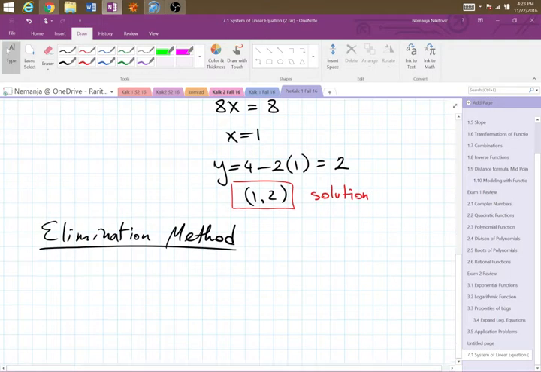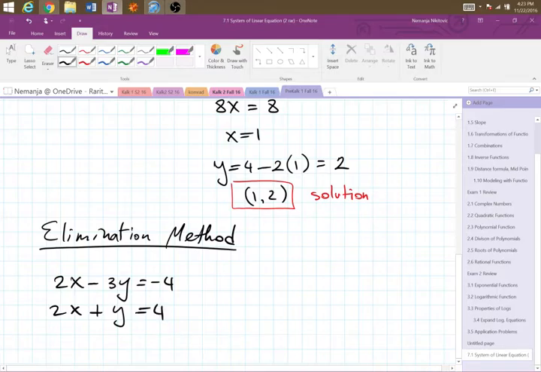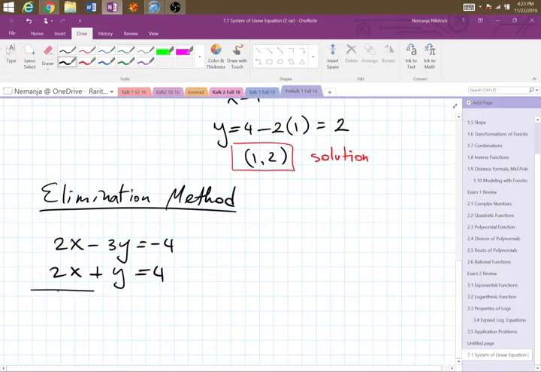Elimination method. We have the same problem. So just imagine that this problem does not have any of the x's or y's with the coefficient 1, even though it does, but let's say it doesn't.